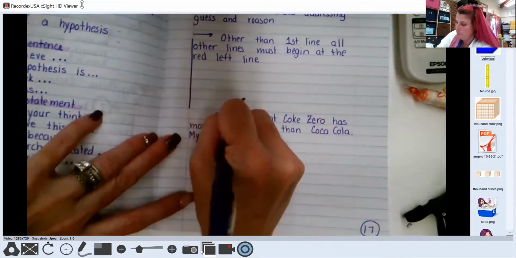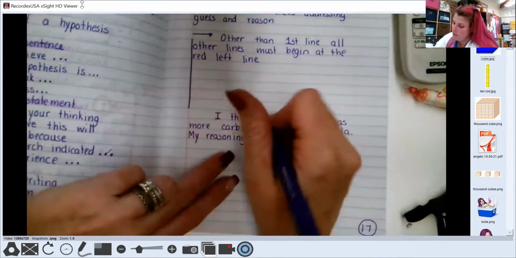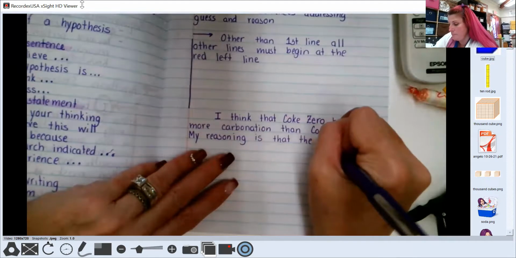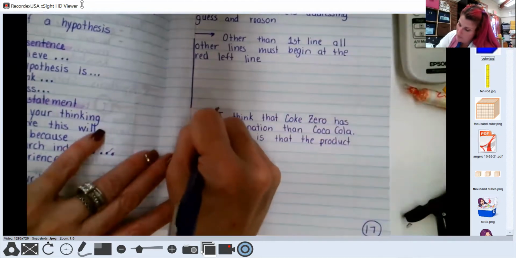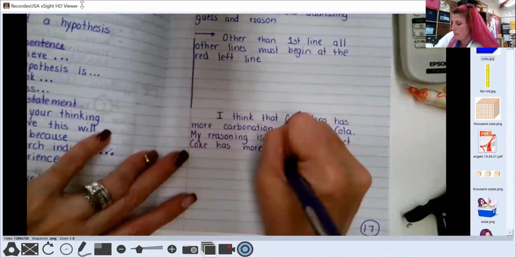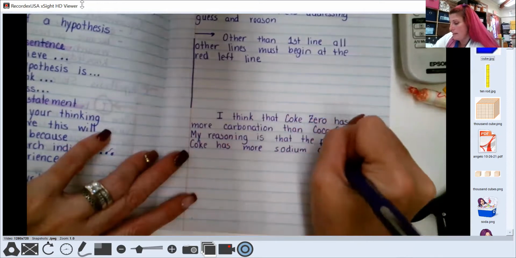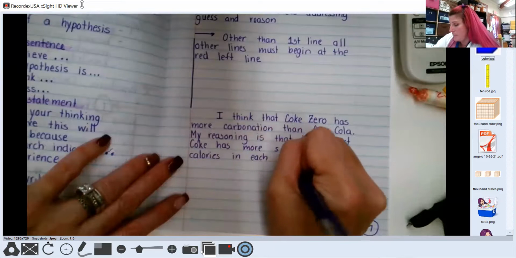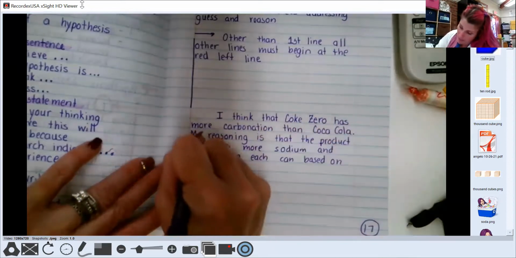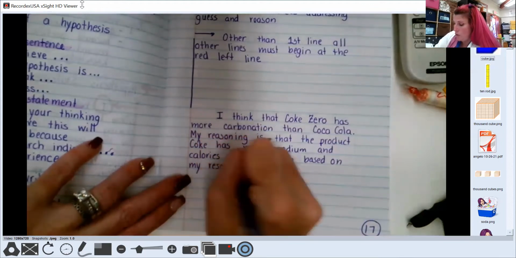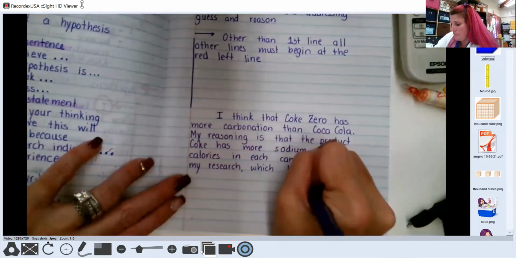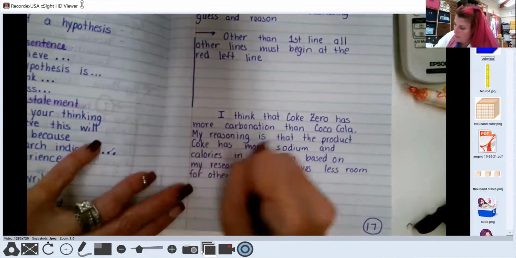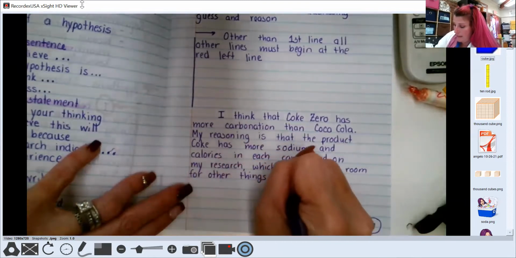My reasoning is that the product Coke has more sodium and calories in each can based on my research, which leaves less room for other things like carbonation.